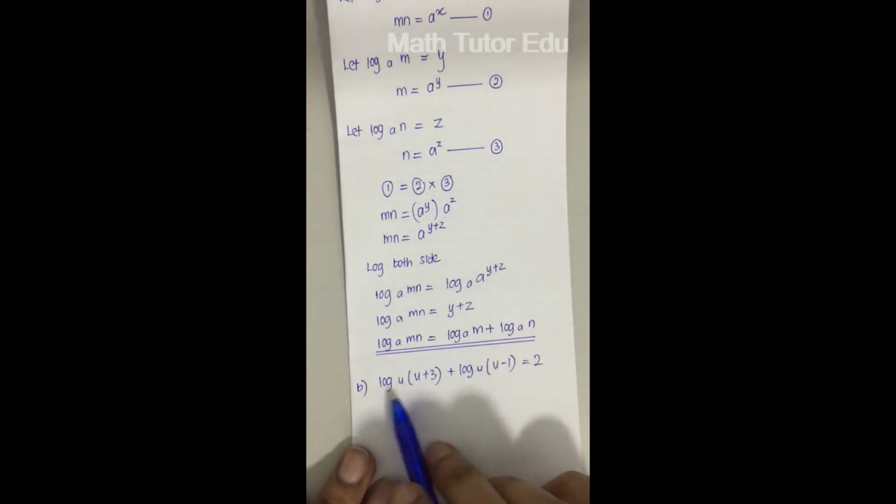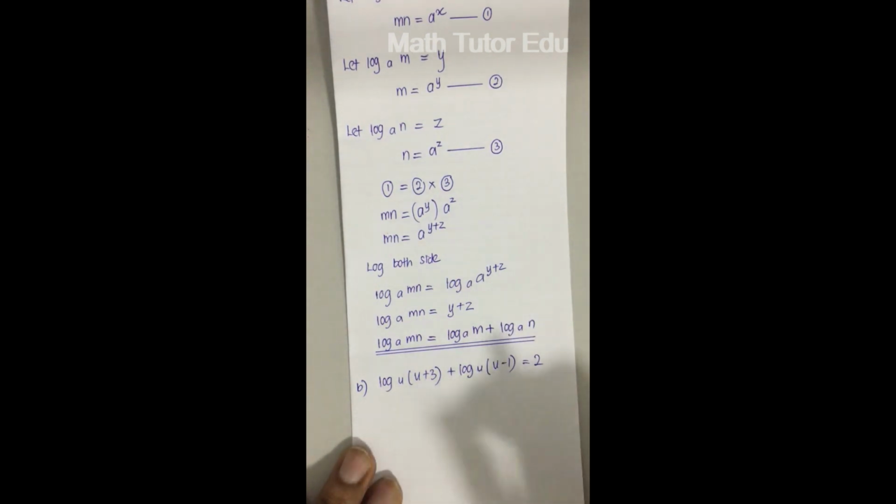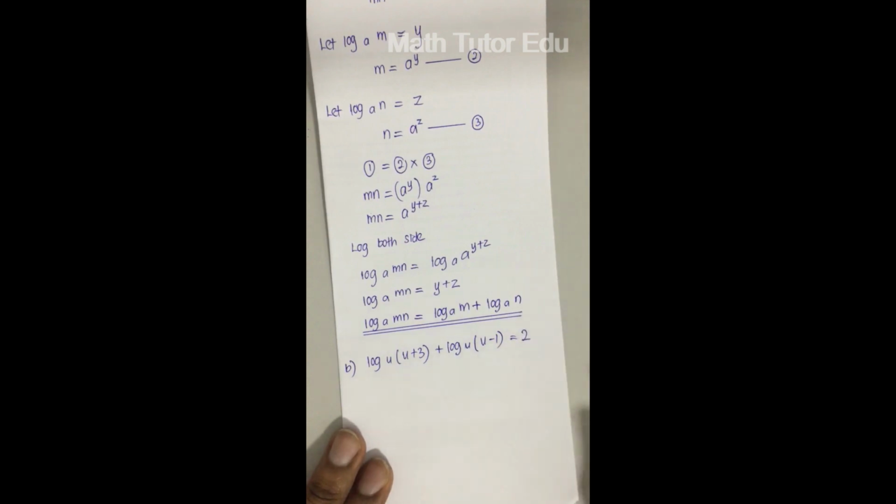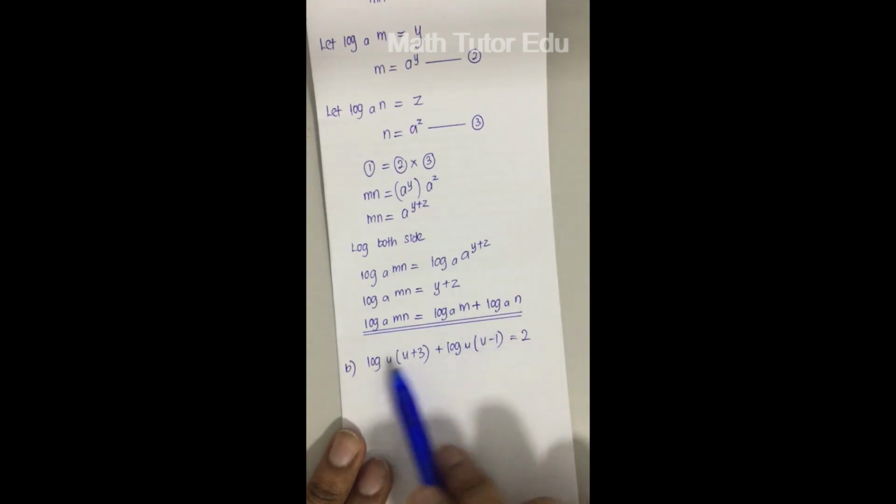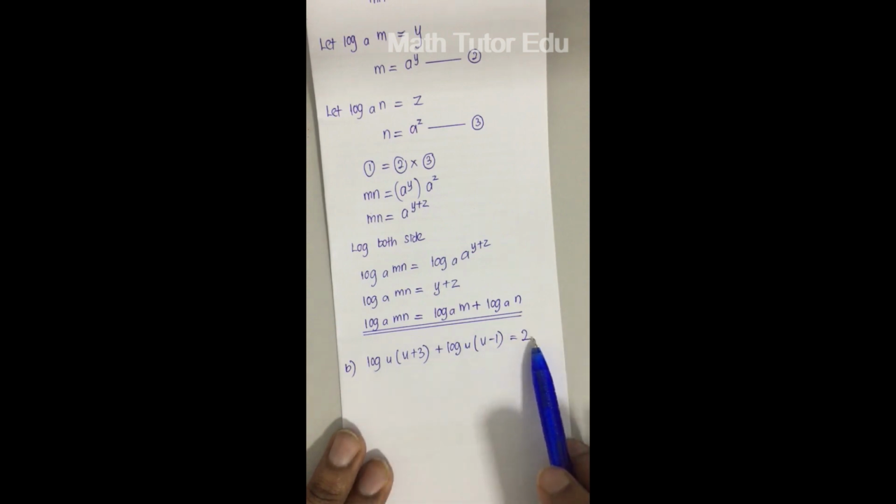The moment you encounter this type of equation, you can try to make both sides have the same base, guys. Let's say the left hand side has base u, and for the right hand side you try to make it in terms of base u. Okay, so let us proceed to the next step.